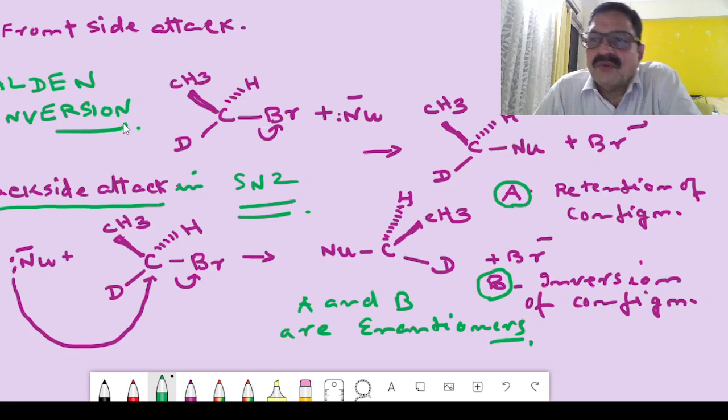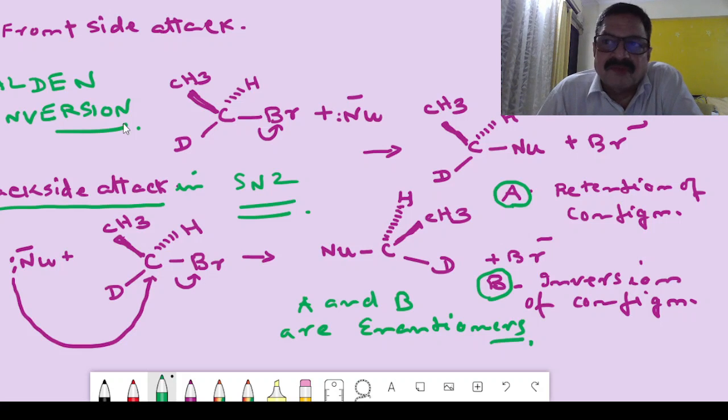You see, both the nucleophile and the leaving group are electron-rich species. Therefore, when they come together, the like charges will repel. So what happens in a backside attack? These two groups, the leaving group as well as the nucleophile, are as far away as possible.